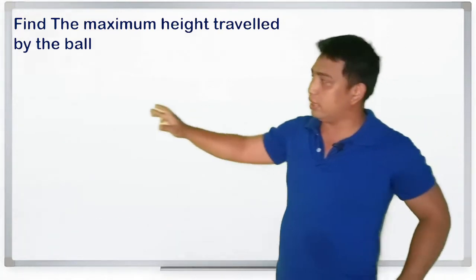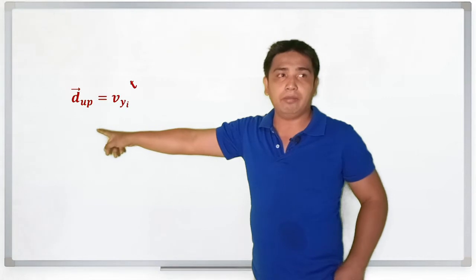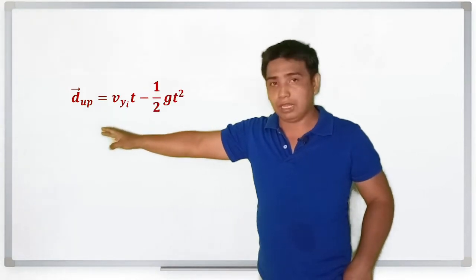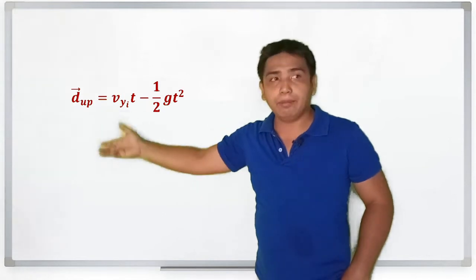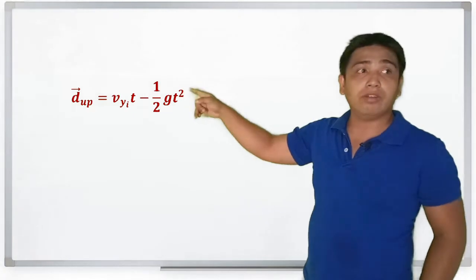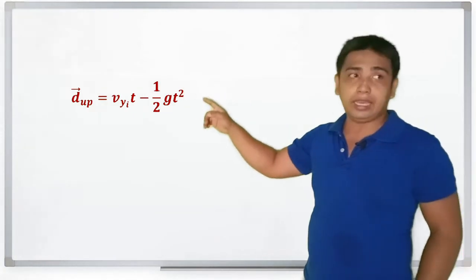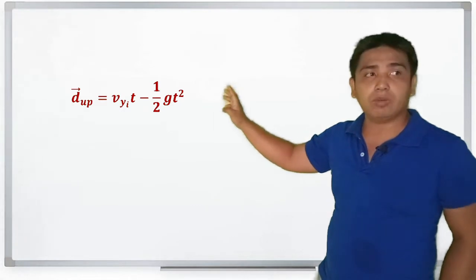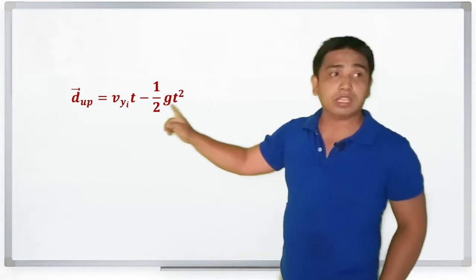So you will see that here we have 1.53 seconds as one of the values which is available to us right now. Alright, so the solution is y up is equivalent to Vyi times time minus 1/2 gt squared. And then we're going to substitute that.